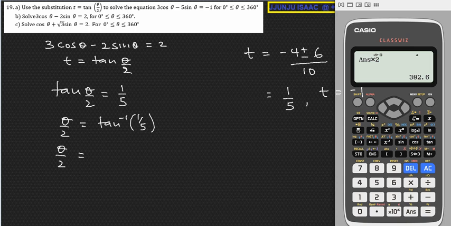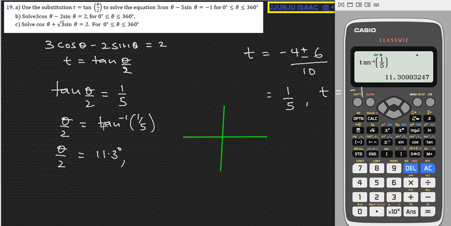From our calculator, the tan inverse of 1 over 5 is 11.3 degrees.